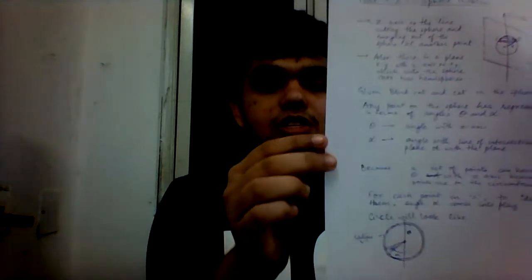You consider theta and alpha, wherein theta is the angle made by the point with the z-axis, where the z-axis is the line passing through the diameter of the sphere, and alpha is the angle made by the perpendicular from the point to the z-axis with respect to some other line crossing through the z-axis.